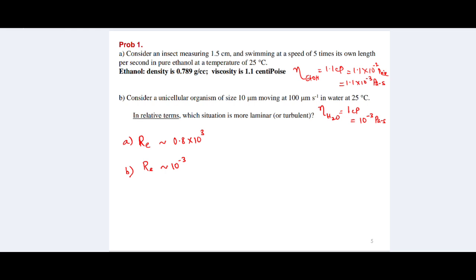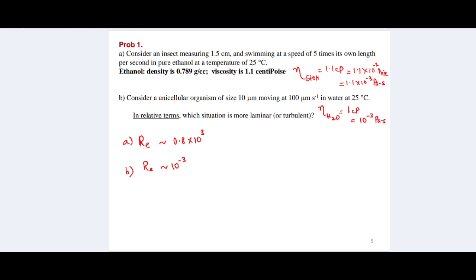But if I look at situation A and situation B, can you give me, in A, what is the Reynolds number? How much? 807, right? So I'm going to write it as 0.8 into 10 to the power 3. 800. Remember, 1000 is when I said you will make a critical transition.